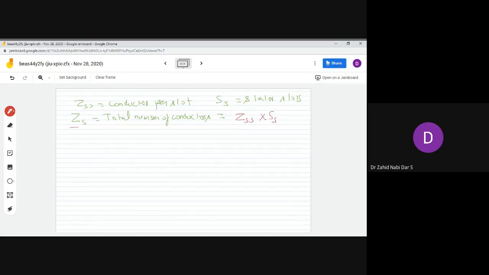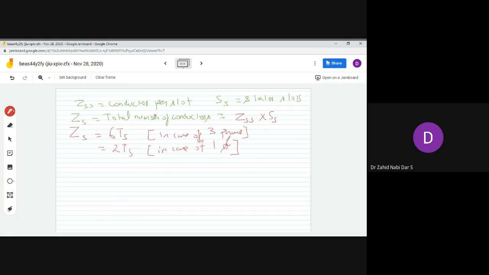Also this ZS you can write as 6 times TS in case of three phase. Now if it is single phase, then it is 2 times TS. Okay, so you can write it like this also, no problem.